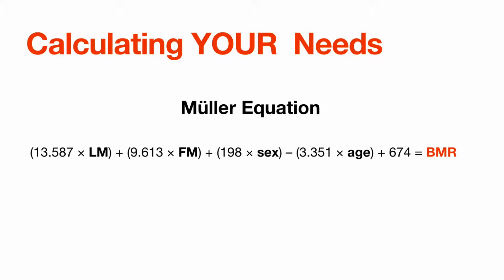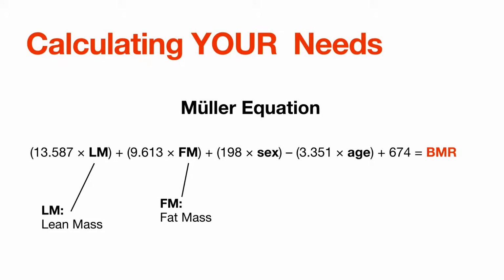So guys, as you can see with the Mueller equation, there's certain factors that we need to consider. In previous modules, we talked about the LM. Just to re-clarify, LM stands for lean mass. This identifies the total amount of muscle on your body. The FM identifies the fat mass.